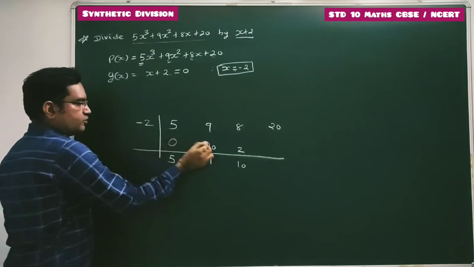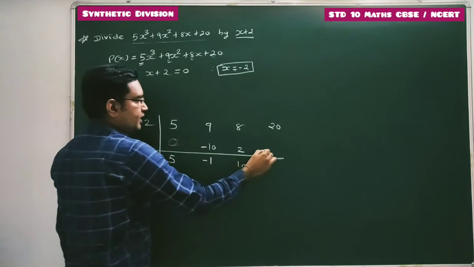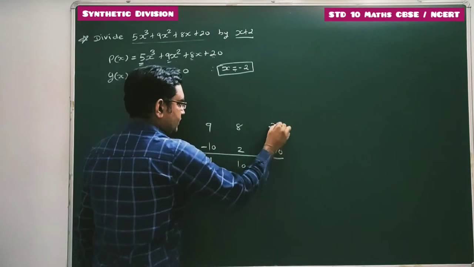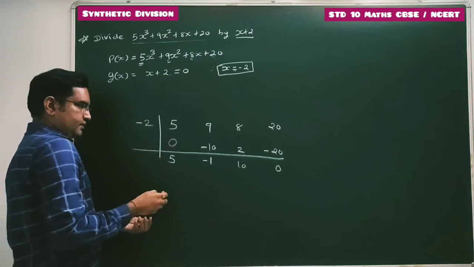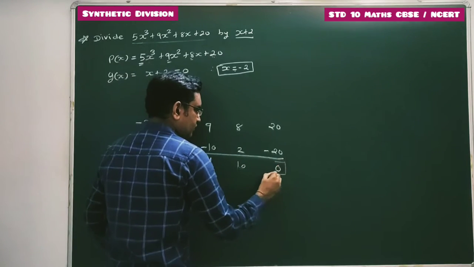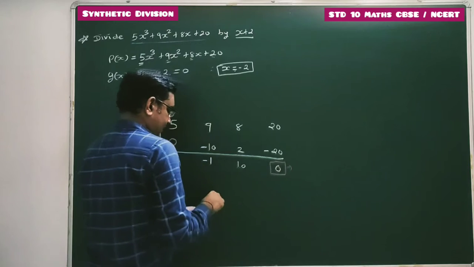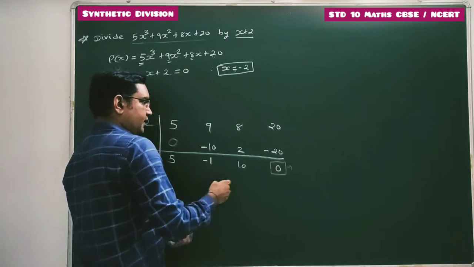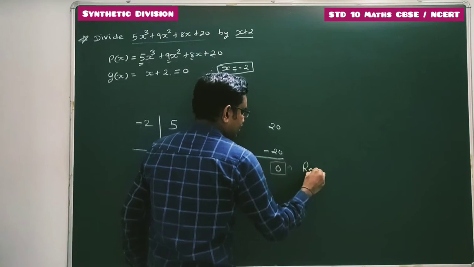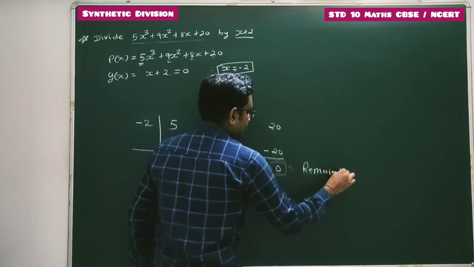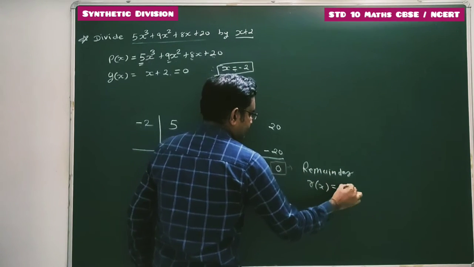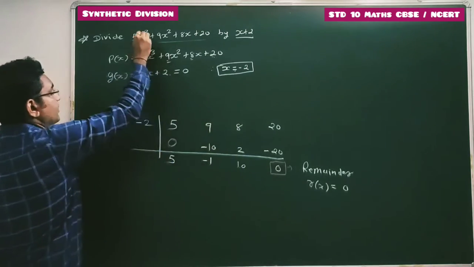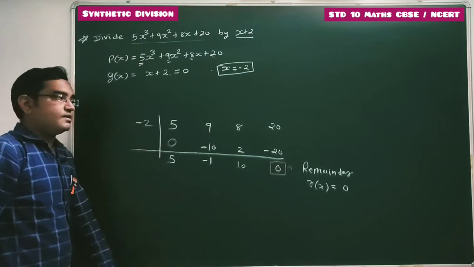Now multiply both numbers: minus 2 into 10 is minus 20. Again perform addition, and this is equal to 0. This last number is 0, which is nothing but the remainder. So after the division of these two polynomials, we get remainder r of x as 0.